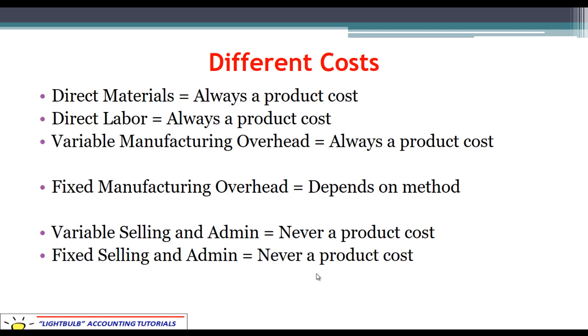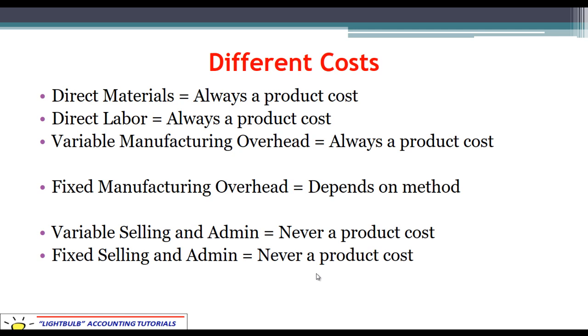You can't do anything without it. So under the absorption method, we want to know what that full cost is, including that capacity cost. So fixed manufacturing overhead under the absorption method is treated as a product cost. But under the variable costing method, the thought is we only want to know those items that directly relate to an individual product, which would be all of our variable product costs.